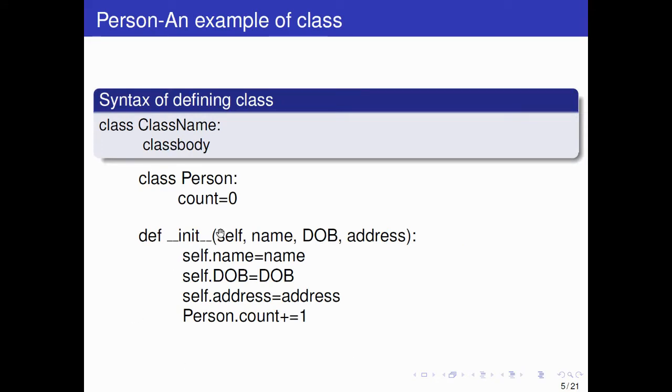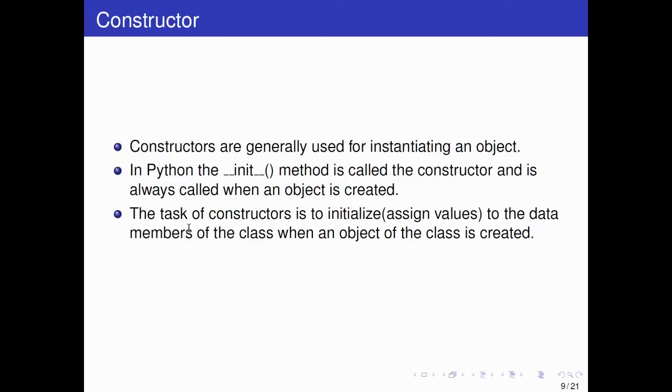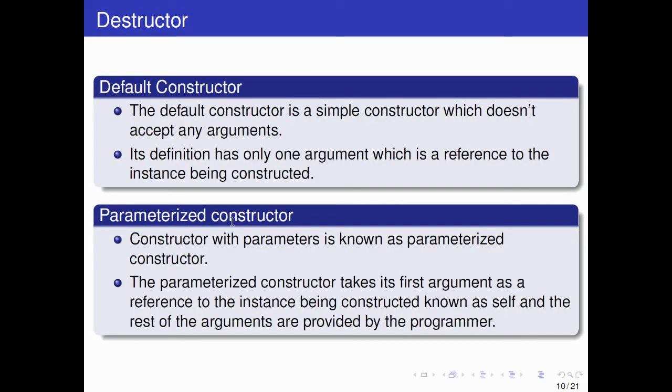Here self is the object, and these are the parameters: name, date of birth, address. So this is the parameterized constructor, __init__. So there are two categories of constructor: a default constructor and a parameterized constructor.